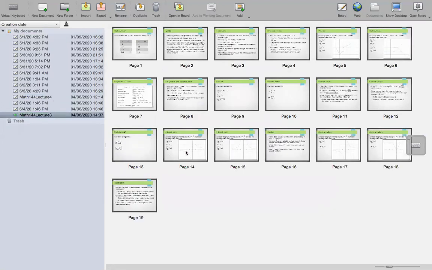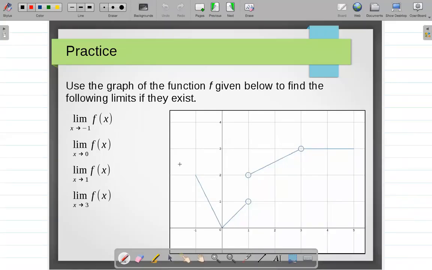Okay, now let's start from here. When you set this graph right here, the first one we are trying to find is the limit where all of this is the f of x function. Here we have a discontinuity, but anyway, what we're trying to find is where f of x is approaching when x goes to -1. So -1 is right here.